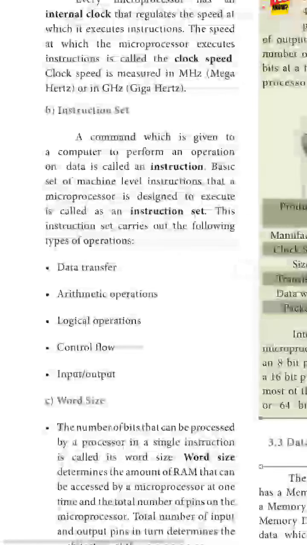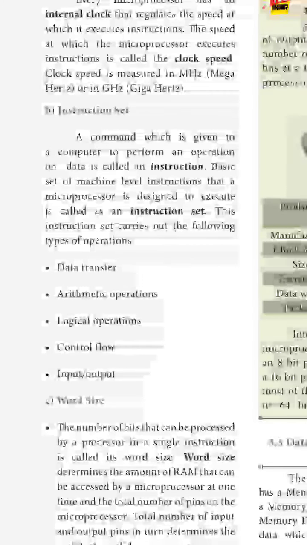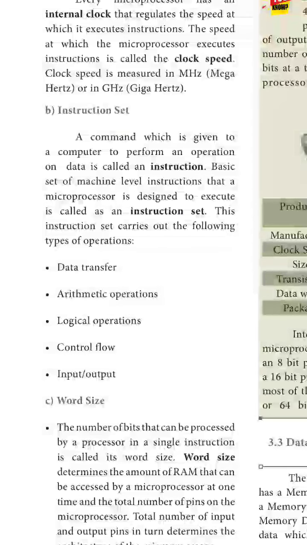Next is the instruction set. A command which is given to a computer to perform an operation on data is called an instruction. The basic set of machine-level instructions that a microprocessor is designed to execute is called the instruction set.